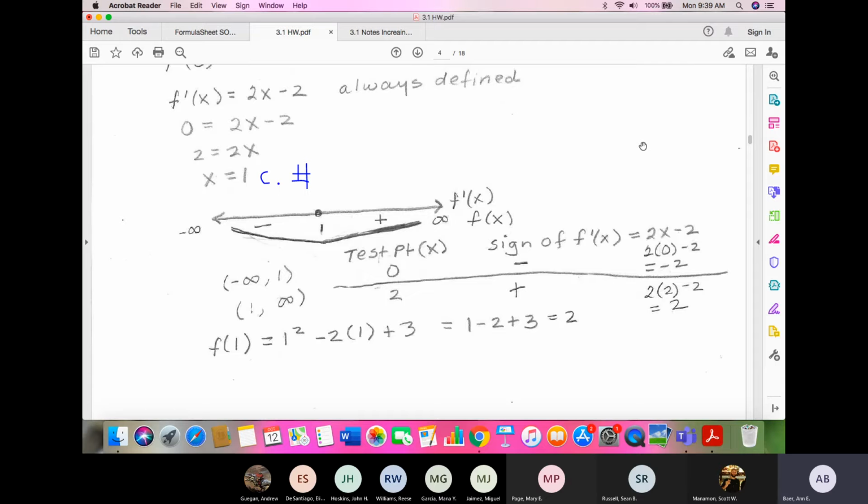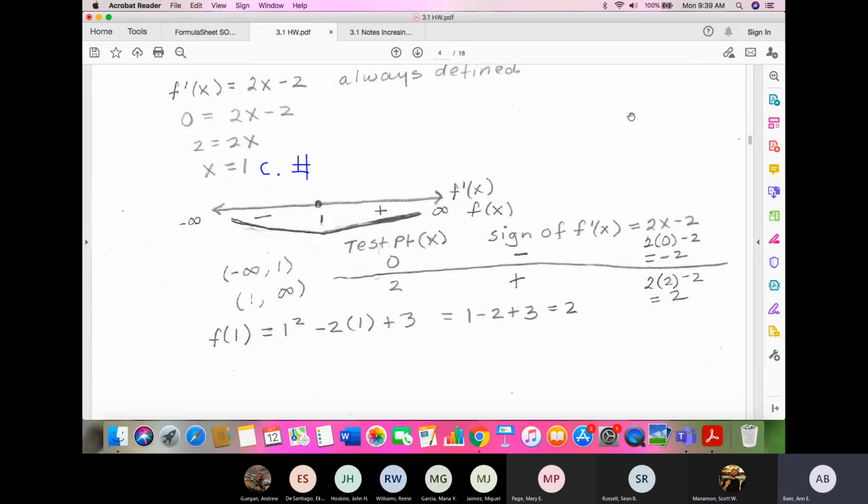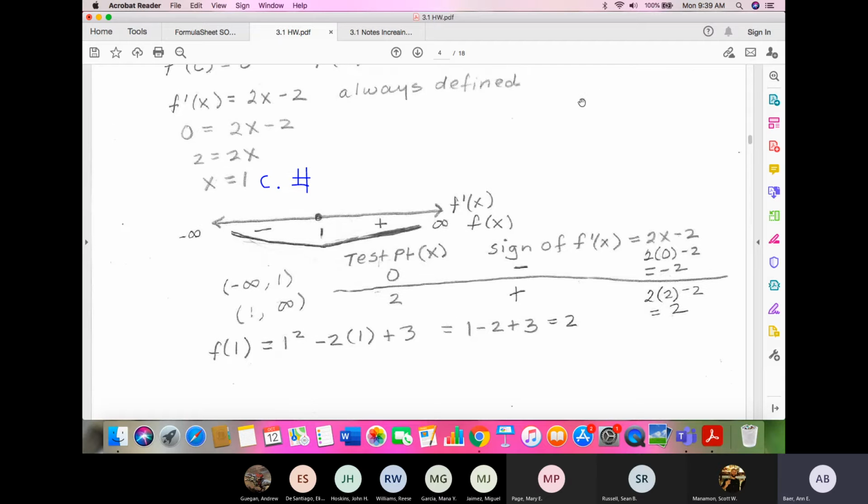I pick problems for students to show me the process. The first thing I'm going to do is take my critical number and plot it on this number line here.